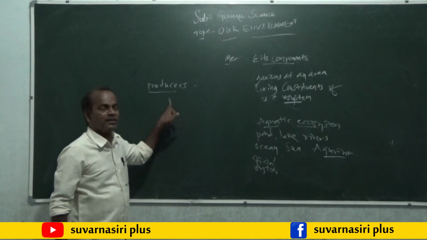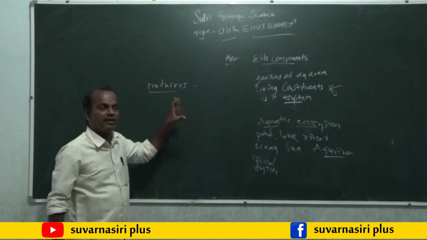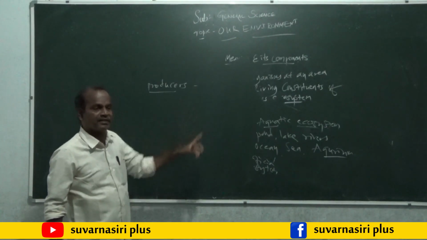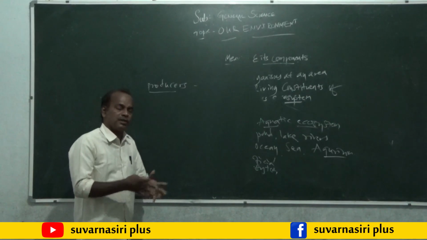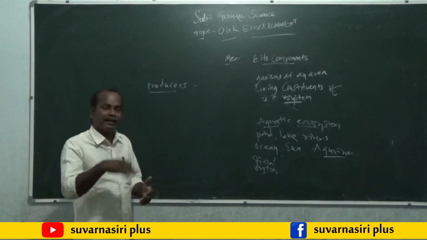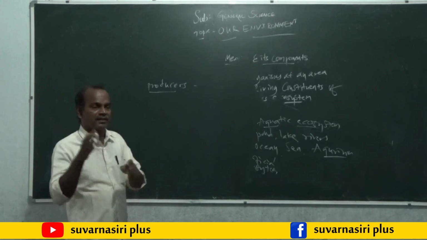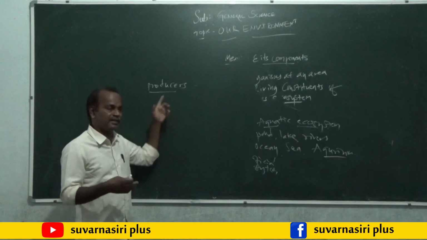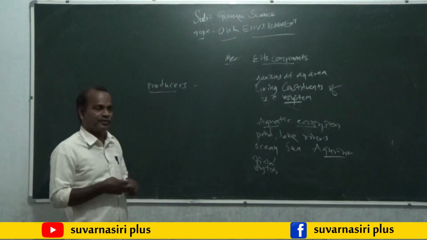Producers make complex organic compounds such as glucose, starch and sugar by using inorganic materials in the presence of sunlight in chlorophyll cells. Then we say these are the producers.